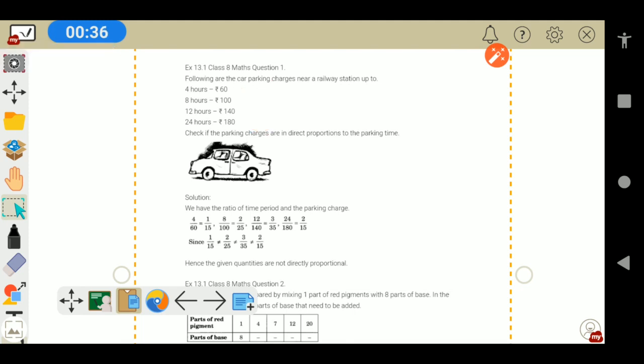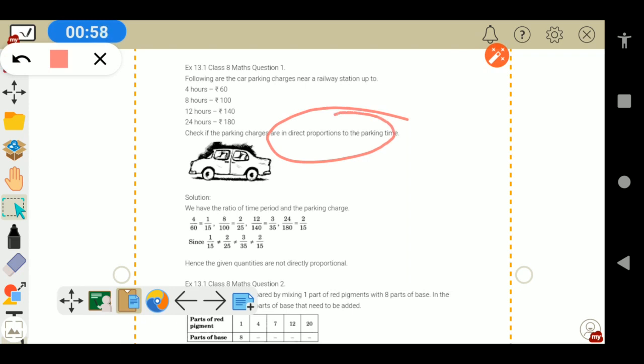We can see that with the increase in time, the parking charges also increase. Now check if the parking charges are in direct proportion to parking time.